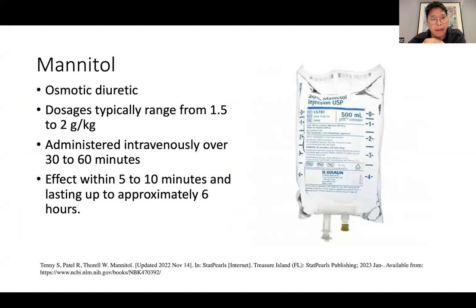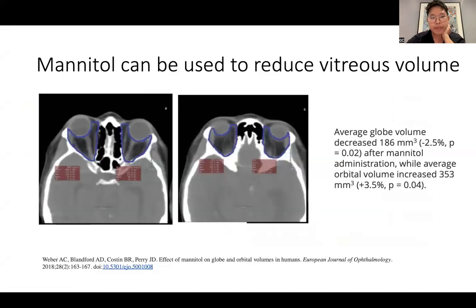Just a touch about mannitol, that pretty much goes in all our patients with previous angle closure, and standard doses are 1.5 to 2 grams per kilo. It's typically administered as an intravenous infusion over a 60-minute time period with effects up to 6 hours. If you look at the studies of mannitol, what it does is dehydrate the vitreous.